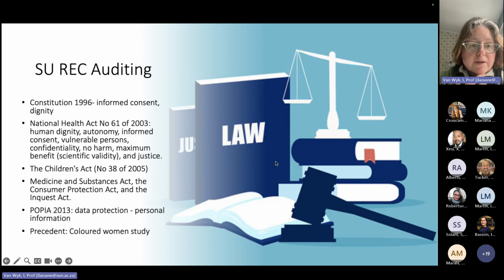So the first one, the 1996 South African Constitution, which governs things like informed consent and the dignity of participants.